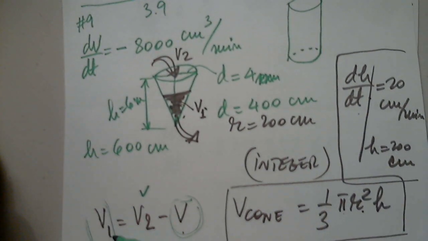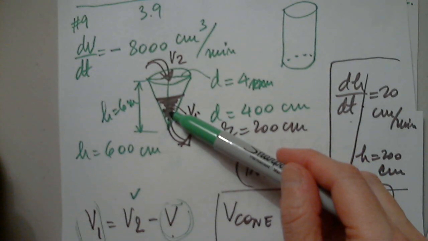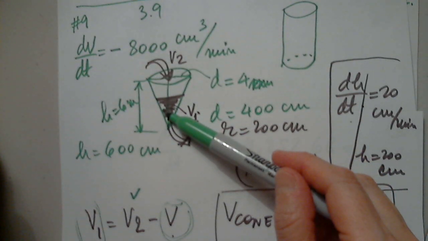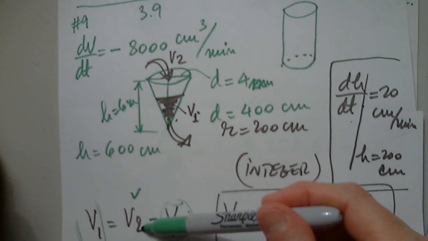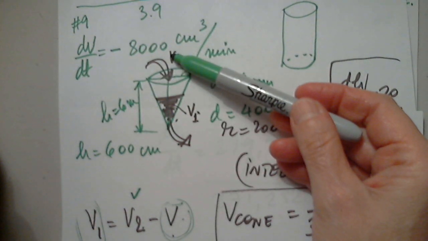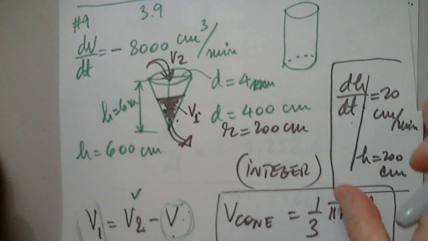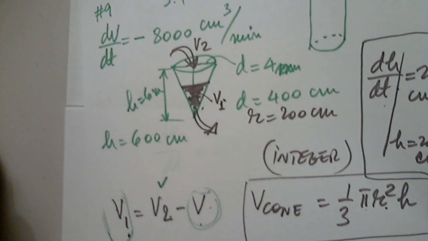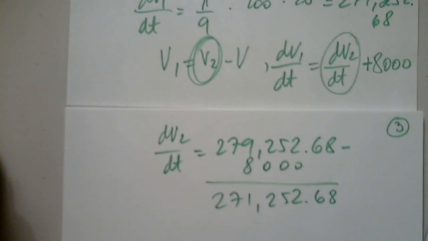So one more time, the volume of water at any point in time is what is coming in minus what is going out. And you have that as negative 8,000, that should be 8,000. So minus what is coming out.